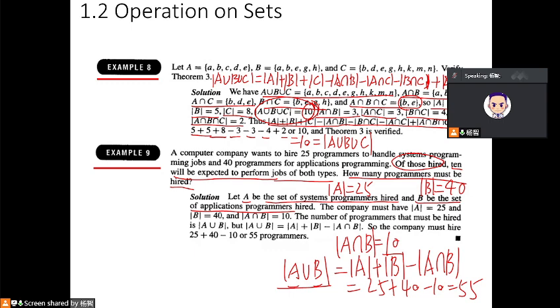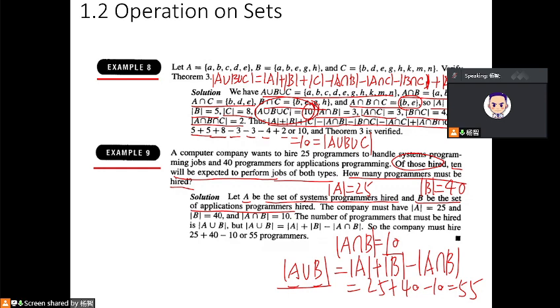So we must have at least 55 programmers for this job.